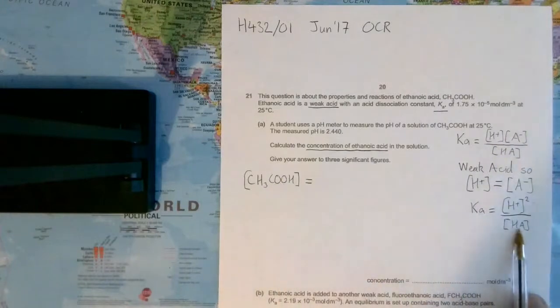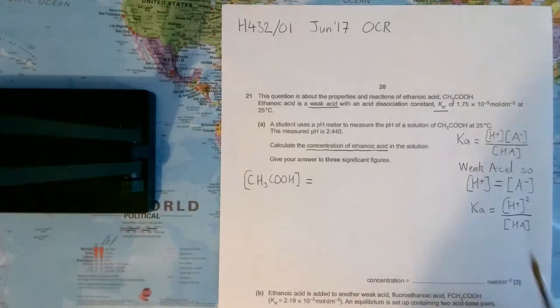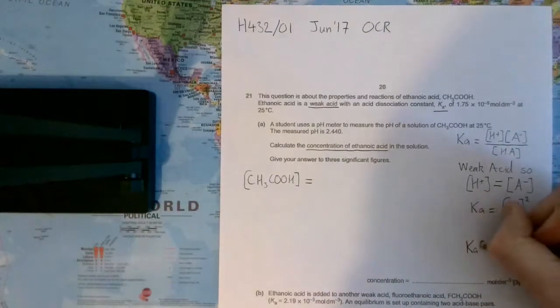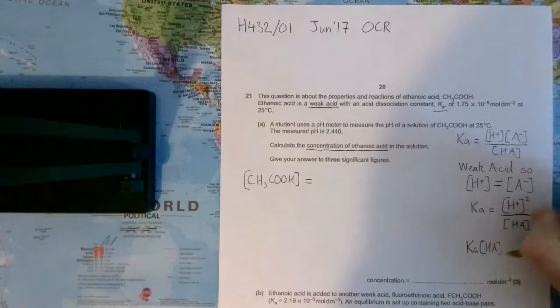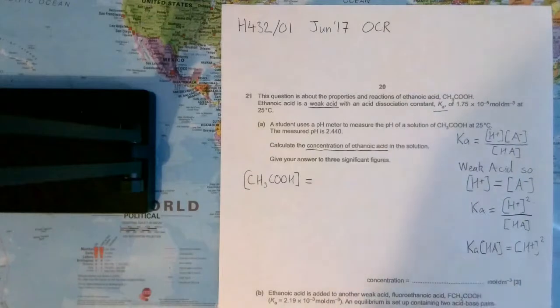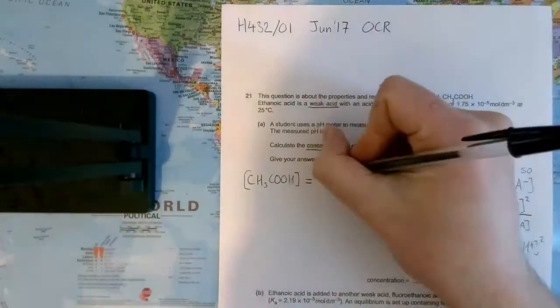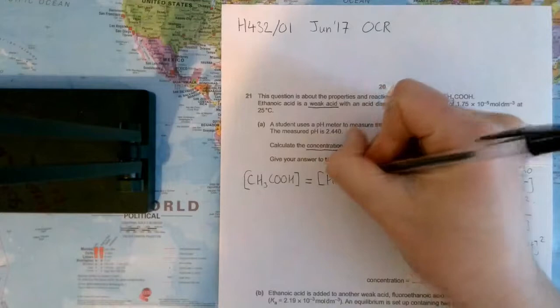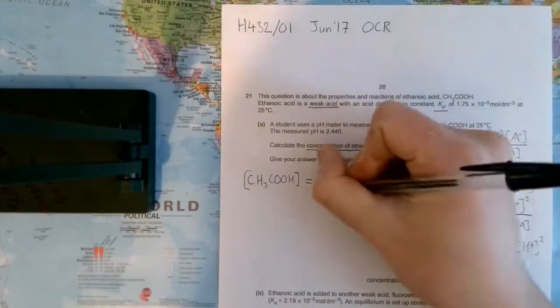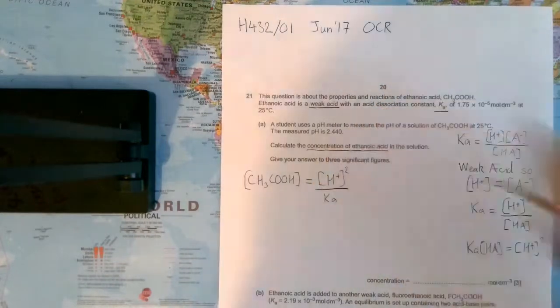We want to get this on its own, so we're going to multiply both sides by the concentration of weak acid. Ka times HA equals the concentration of H plus squared, and then we're going to divide both sides by Ka. So over here we have this.